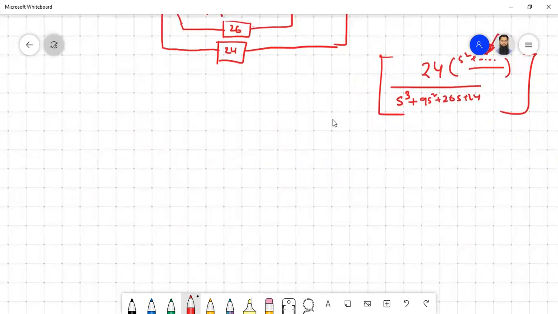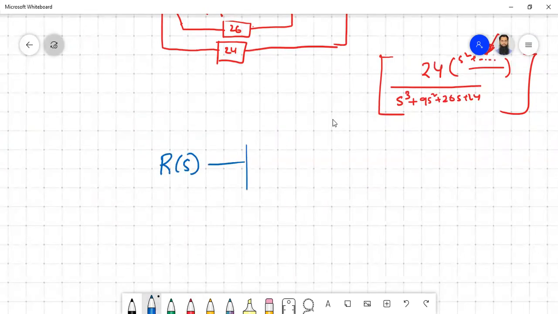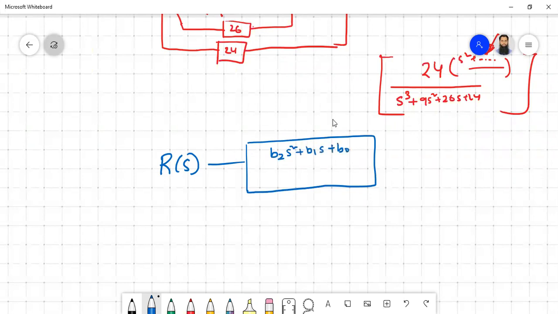Say we have R(s)... equal to, now we have something like this: B2 s squared plus B1 s plus B0 in the numerator, and in the denominator, you have A3 s cubed plus A2 s squared plus A1 s plus A0. So now you have a dynamic numerator as well as a dynamic denominator.